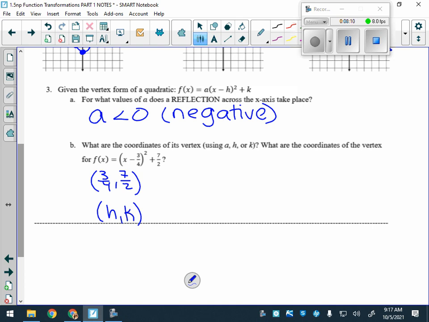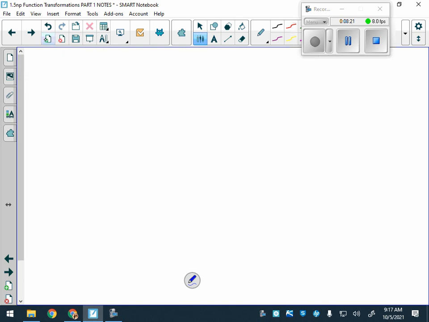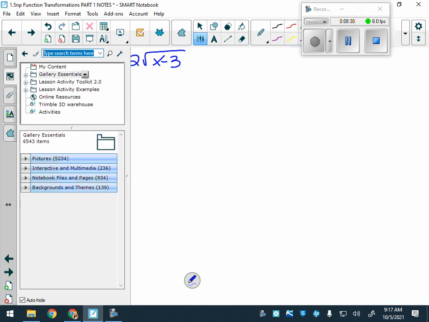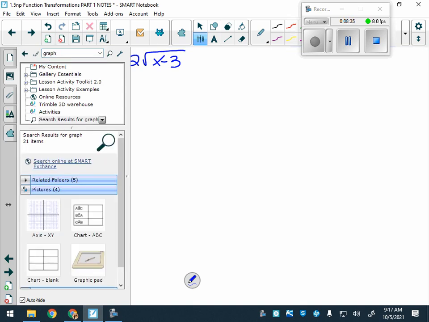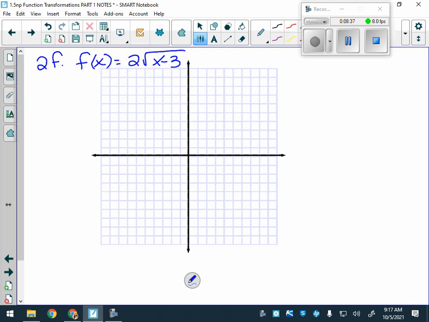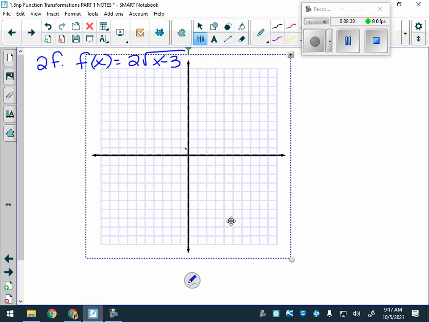Looking through, some of you did have questions on 2F. Okay, this was 2F on the homework.